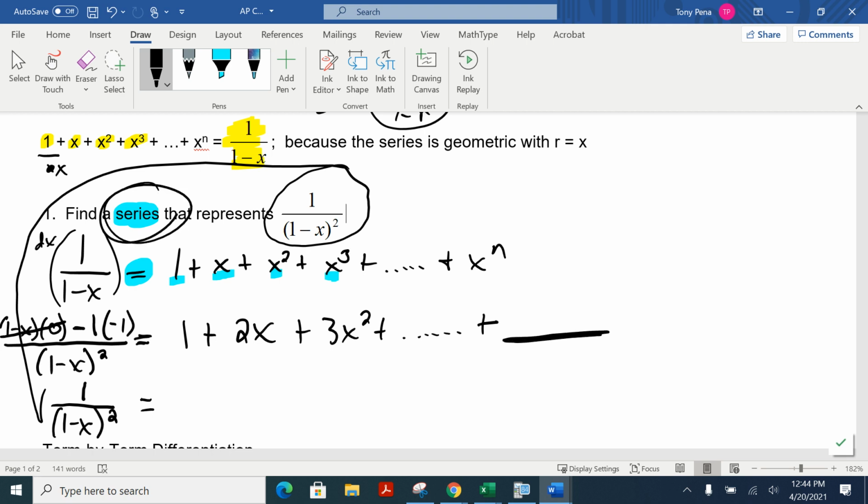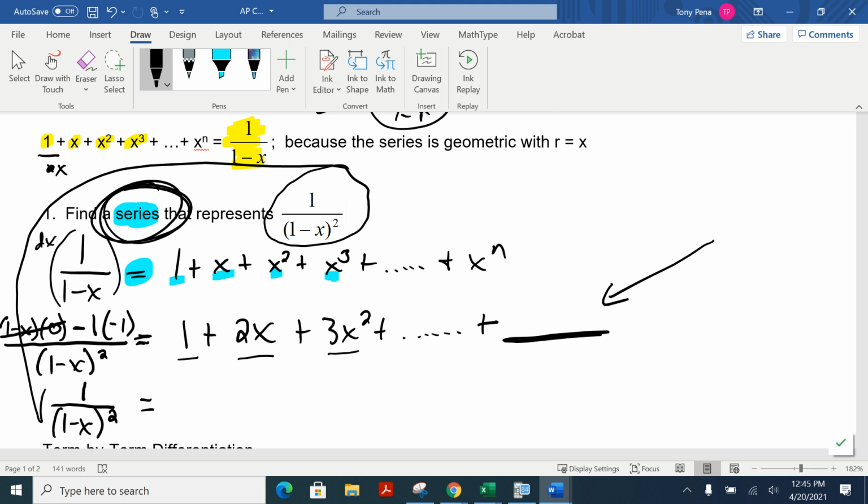That's the answer if I want you to write the series. So write down what you think that general term would be, so that we would get 1, then a 2x, and then a 3x squared, so on and so forth. Don't overthink it.